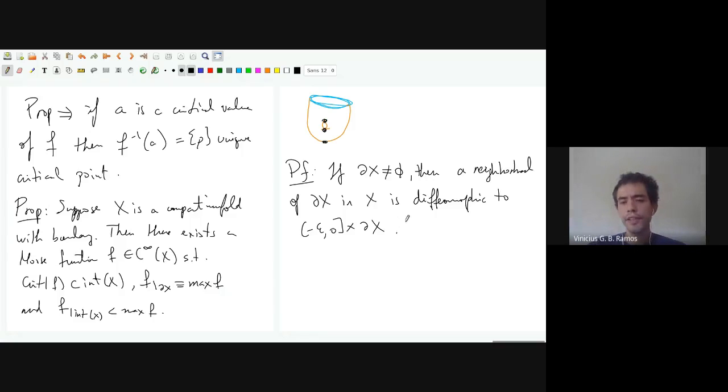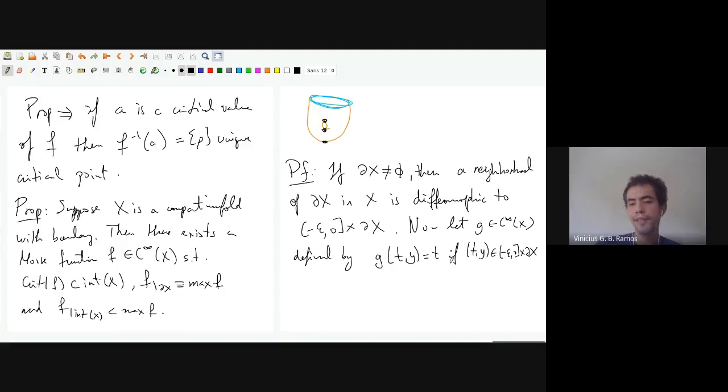So now we can let G be a smooth function defined by, well, G of (t, y) equals t if (t, y) is in this collar neighborhood. So if you're in the collar neighborhood, I just define it to be this parameter here.